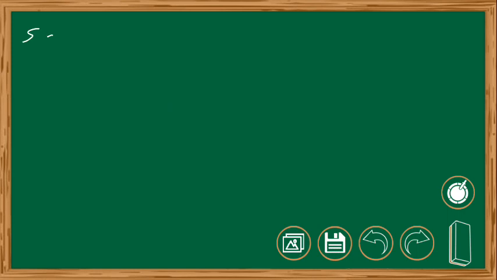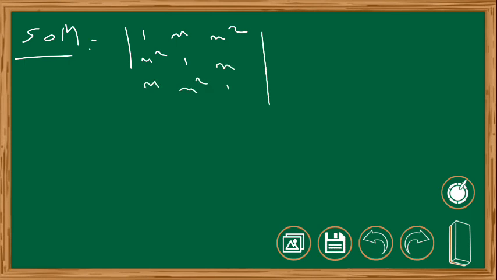So in solution, this is our question number 12. I will have, first row 1, x square, 1; the second row x square, 1, x; and the third row x, x square, 1. So I will replace row 1 with row 1 plus row 2 plus row 3.